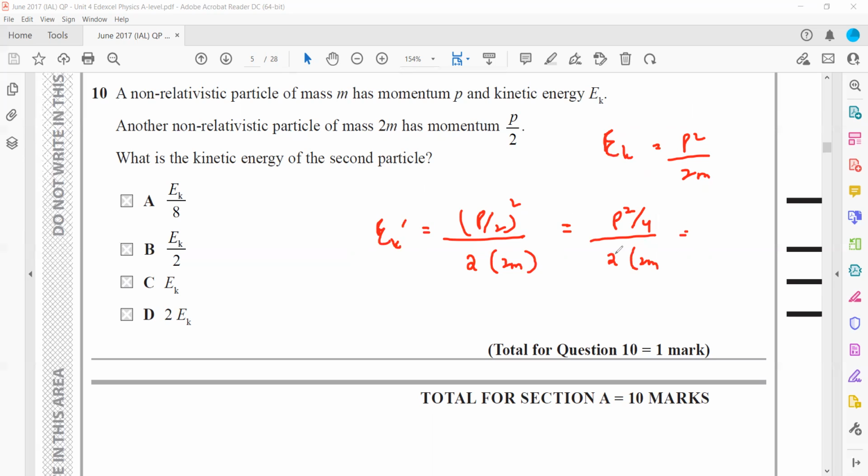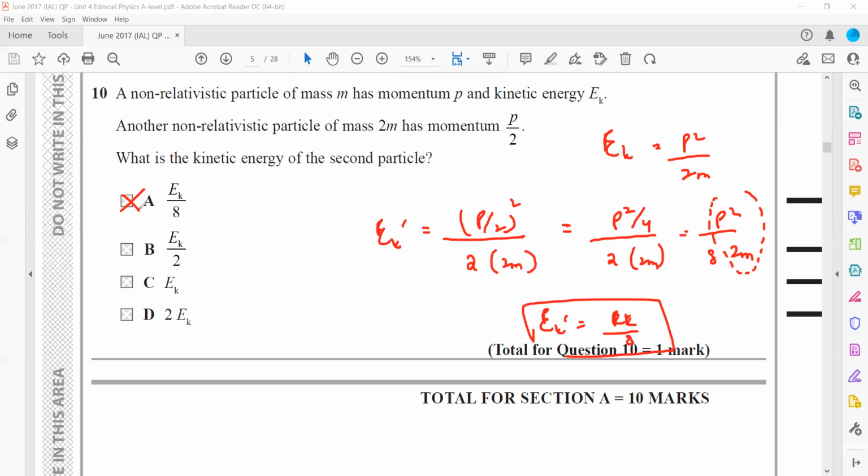When I simplify, this 4 goes to the denominator. So it will be p square over 2 multiplied by 4, that is 8, and 2m. And what is p square by 2m? p square by 2m is Ek. So I can say Ek dash equals Ek divided by 8. So the new kinetic energy is Ek divided by 8.